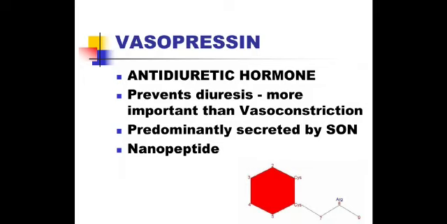It's predominantly secreted by the supraoptic nuclei, and the biological half-life is around 18 minutes. It is degraded in the liver and kidneys. It's a nonapeptide with phenylalanine and arginine in the third and ninth positions.